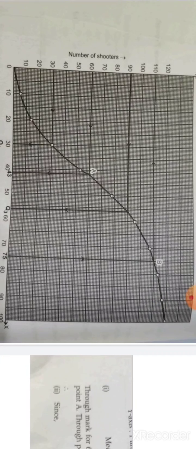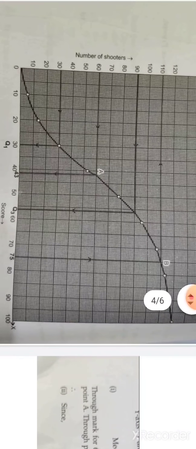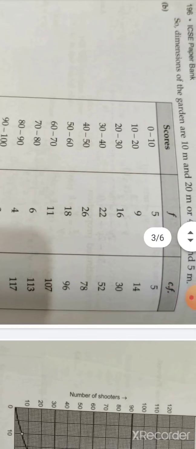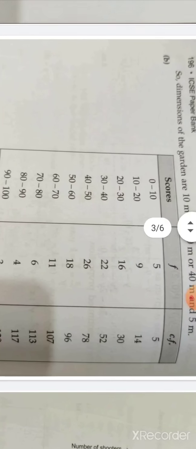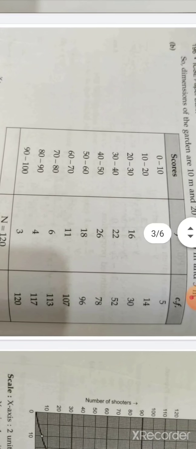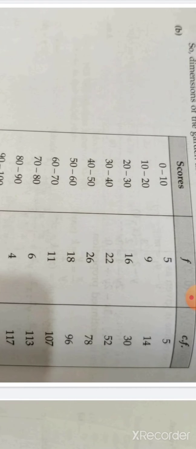Here in the graph you have to form x and y axis. On the x axis scores are marked and on the y axis number of students are marked. First of all we have to find the cumulative frequency, which is also shown in the first column. It is very important to find cumulative frequencies. So how to find CF?